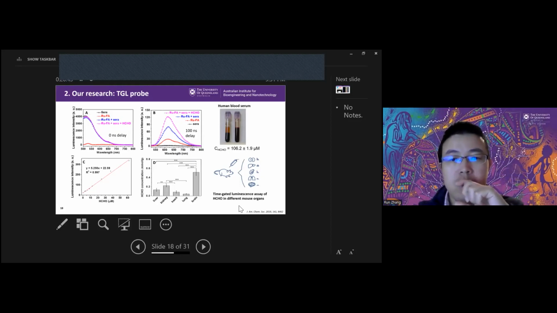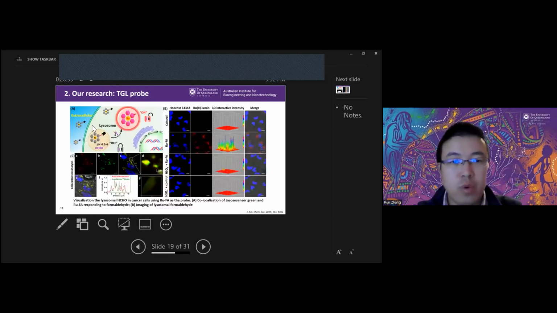We also get the formaldehyde in the mouse organs is less than 0.5 millimole per gram, and we also confirmed the probes can be used for the formaldehyde detection in the lysosomes.